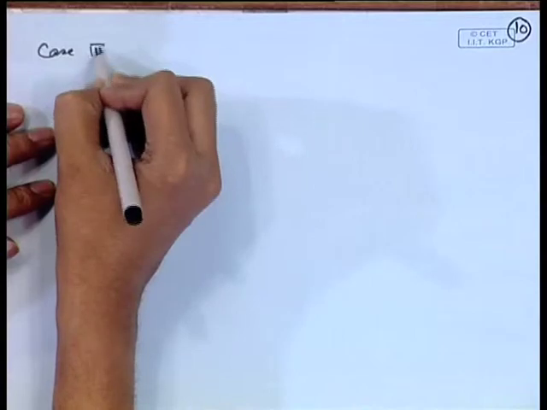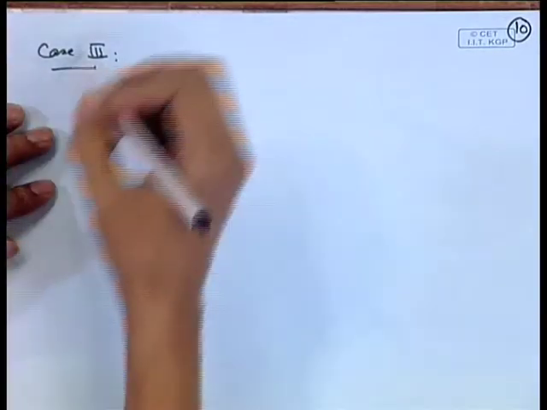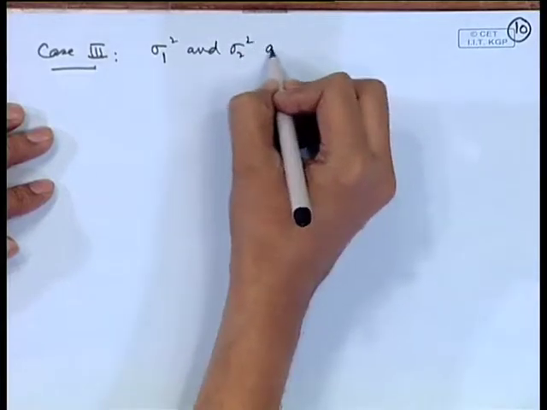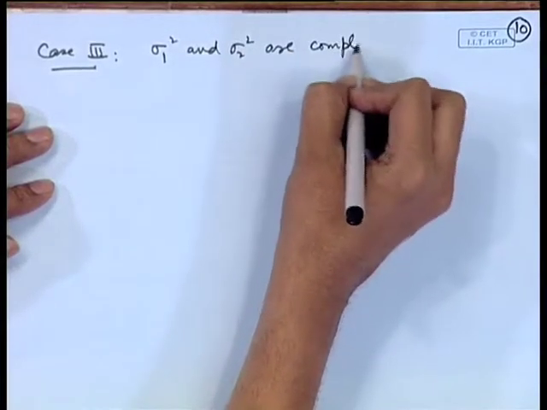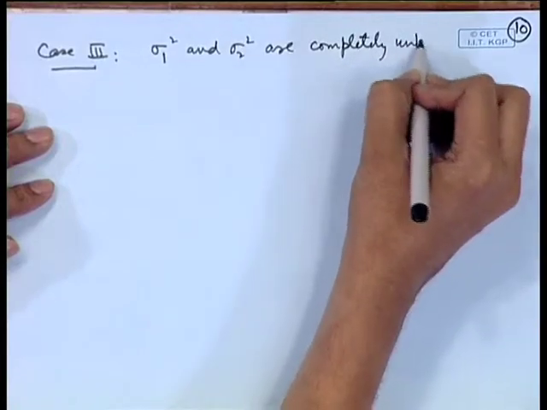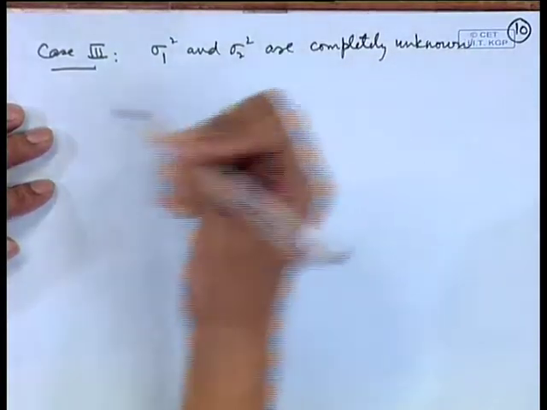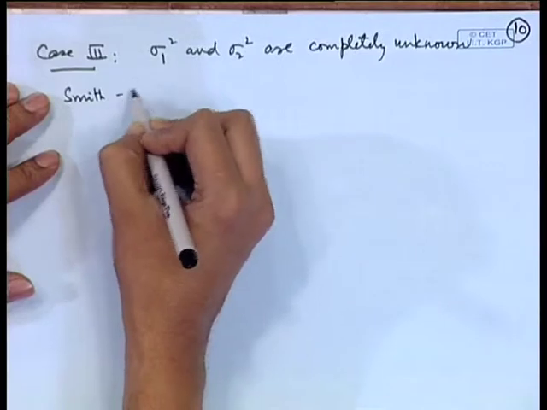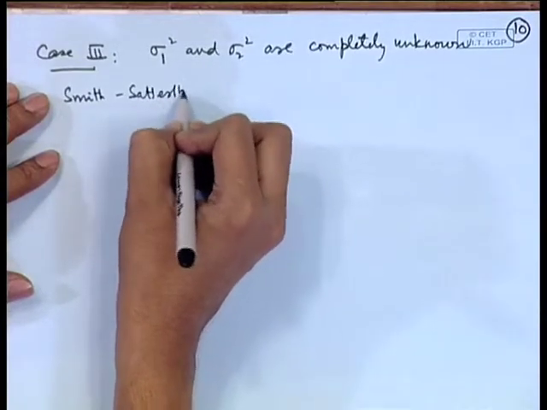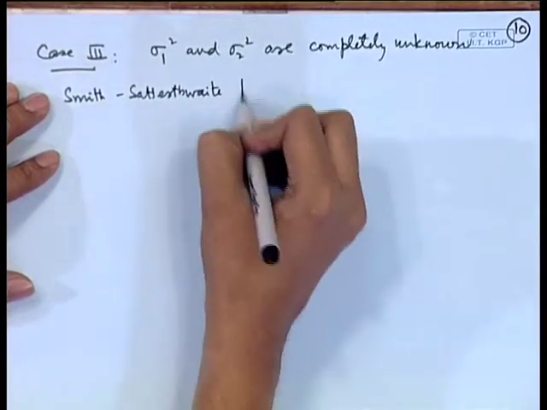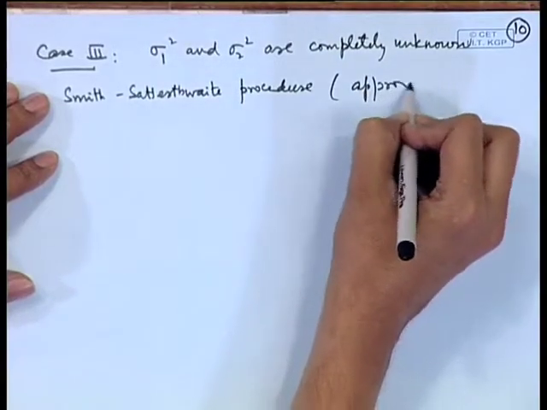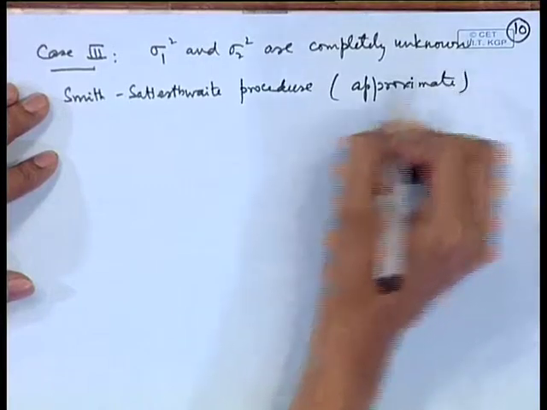So, we have the third case when sigma 1 square and sigma 2 square are completely unknown. That means, we have no prior information about them. In that case, we have the following Smith-Satterthwaite procedure. So, this is an approximate procedure, it is not exact, because the exact distribution cannot be determined here.